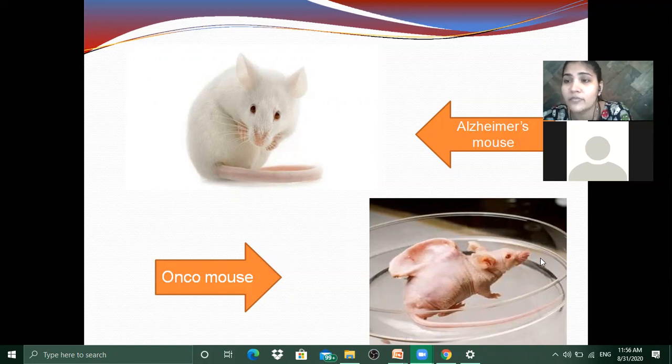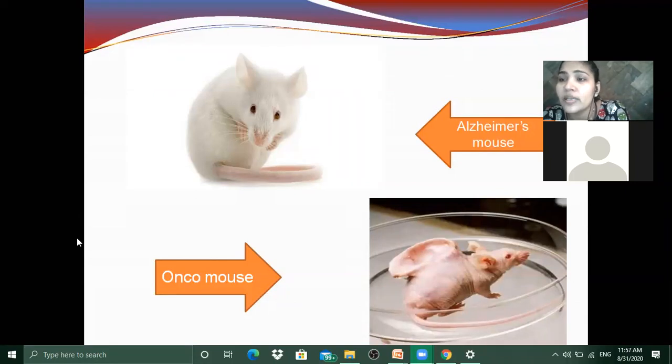Why? Whenever I inject a foreign entity into any living organism's body, your own immune system will act, and it will reject those cells, that particular antigen coming inside your body.